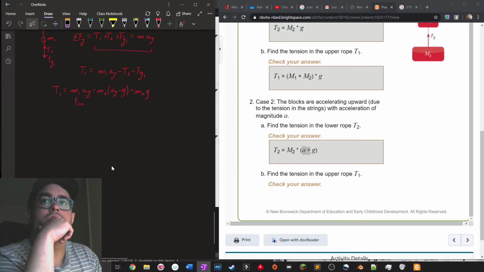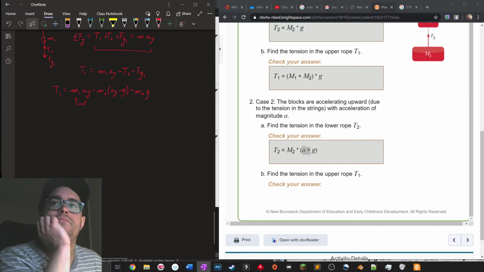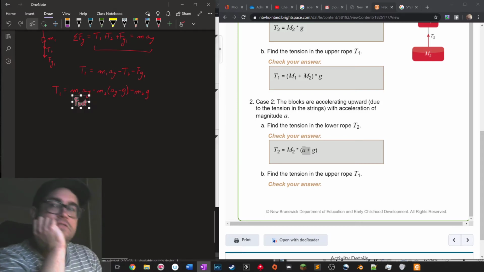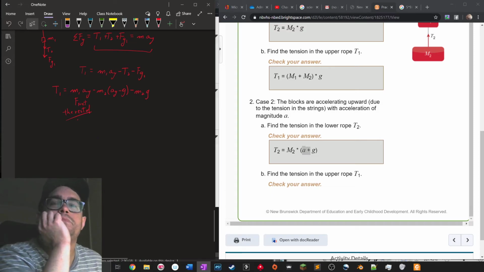That's F net. So the sum, or basically the rest, we could call it, not because it's at rest, but it's the rest, or the balancing act, right?